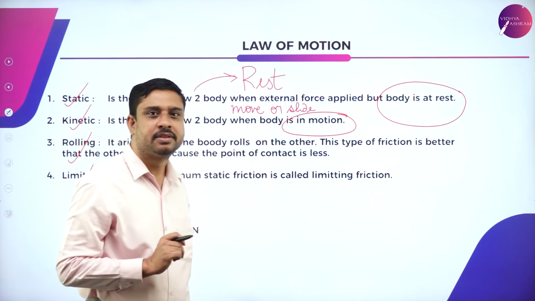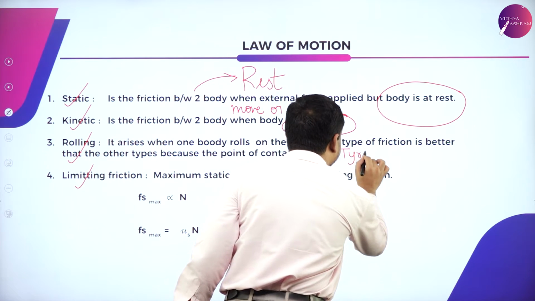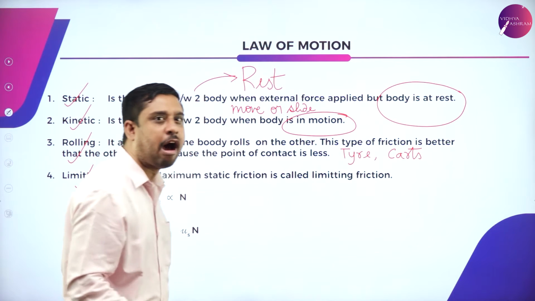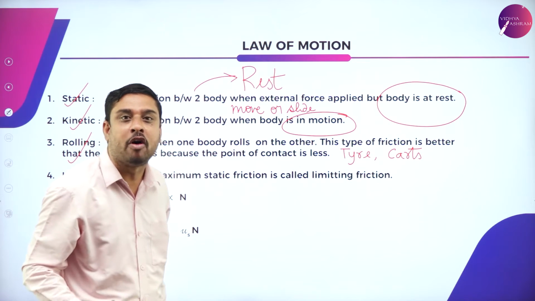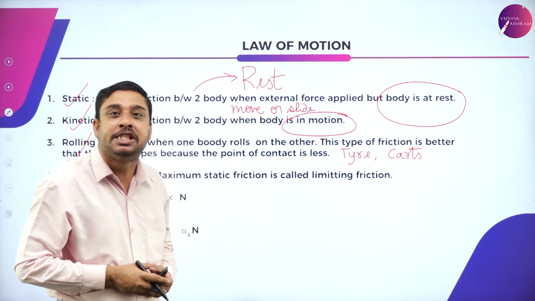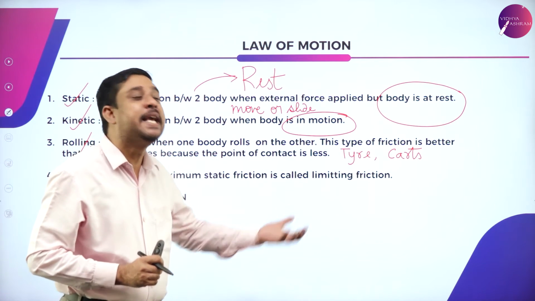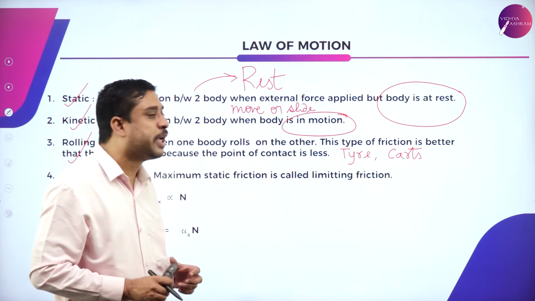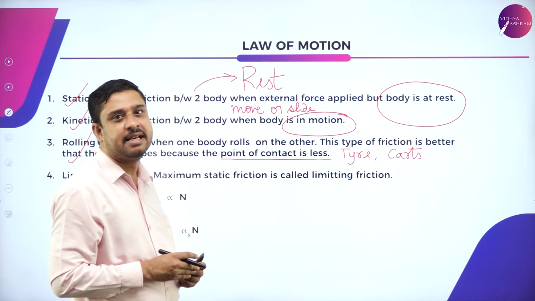Rolling friction comes into the picture with the tires of cars, tires of carts, etc. When a body rolls over another body, especially with spherical surfaces where rolling happens, this type of friction is better because the point of contact is less.